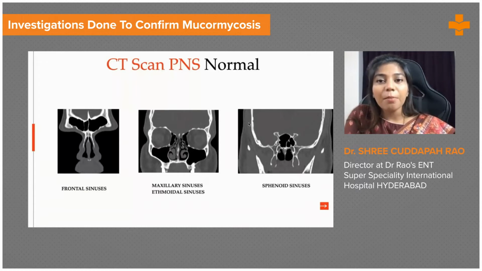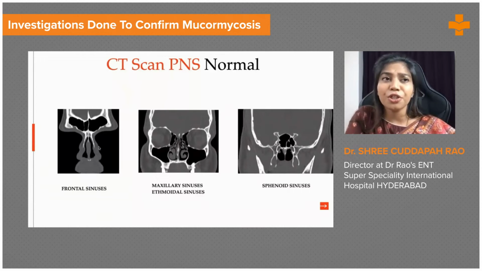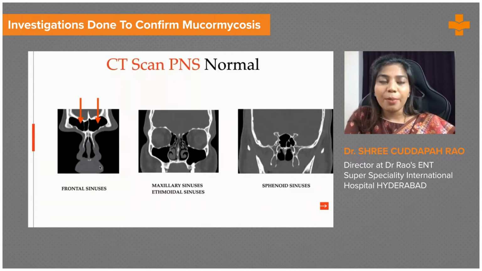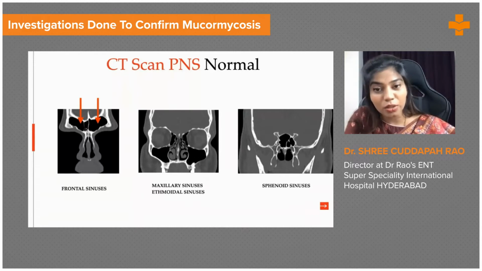And remember, the air, whichever you are able to see here, appears jet black in color. The bone appears chalk piece white, and the pus, inflammation, or any kind of tissue appears gray in color. So you can see a pair of frontal sinuses which are located above the eyes, which are entirely black in color, indicating they are good.